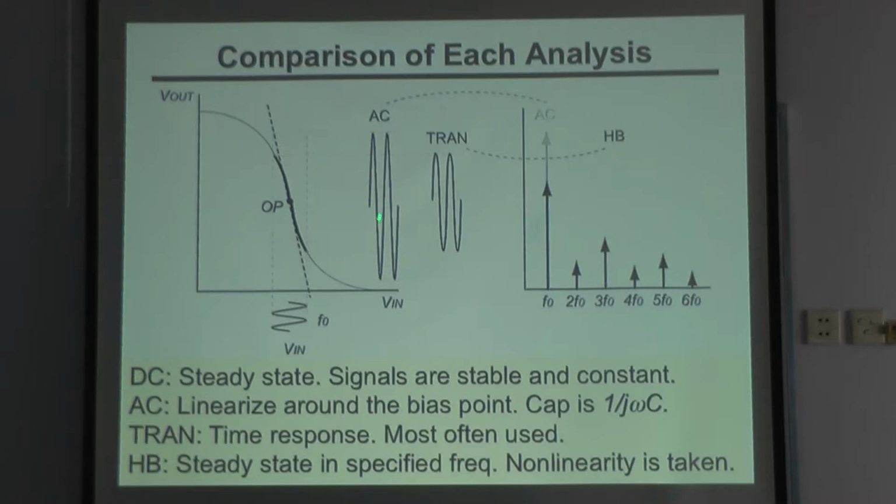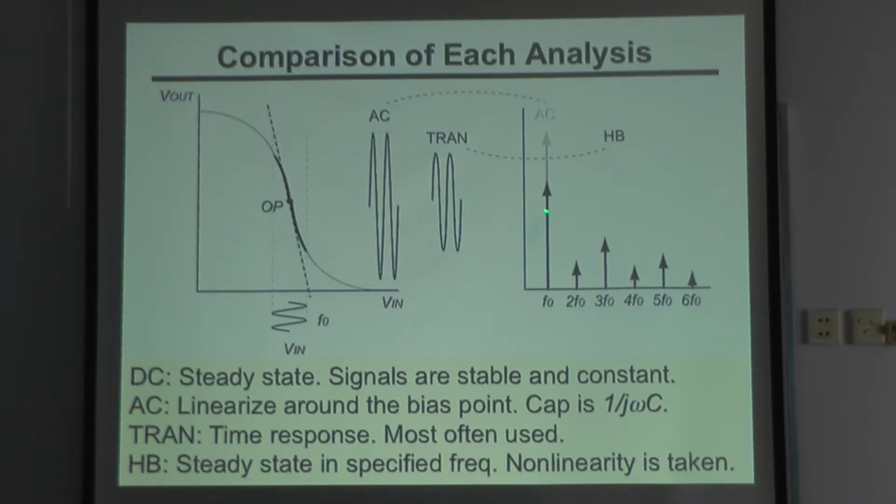And once we have FFT of this signal into this spectrum form, in the AC analysis we get higher amplitude because we linearize this. So the AC analysis result is not as correct as transient.